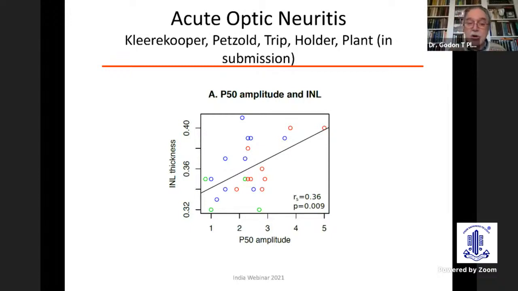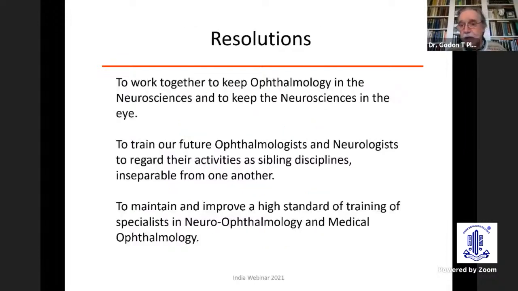But we find there is a correlation between the inner nuclear layer thickness and the P50 amplitude. And so what we now don't know is whether this is a transsynaptic change, such as seen with any optic neuropathy, or whether this represents specific inflammation in the retina in multiple sclerosis.